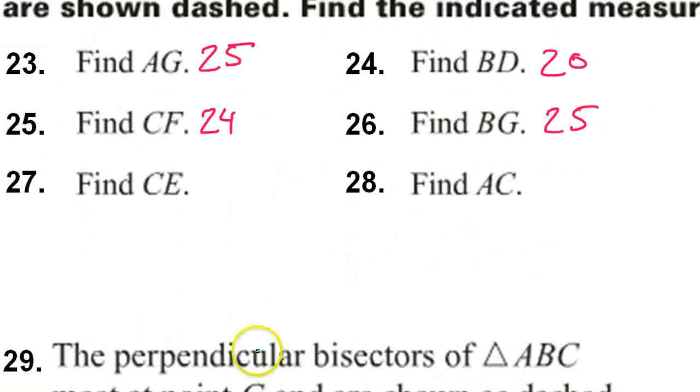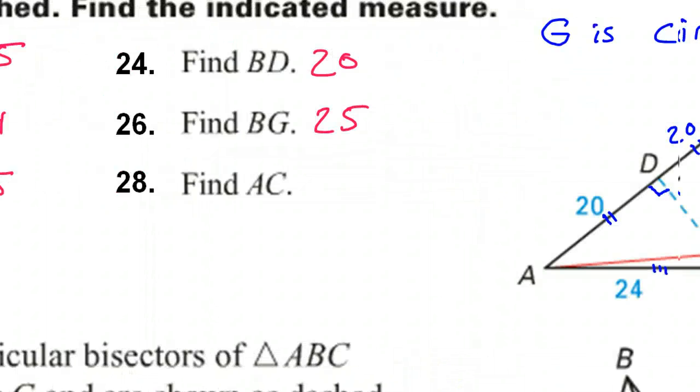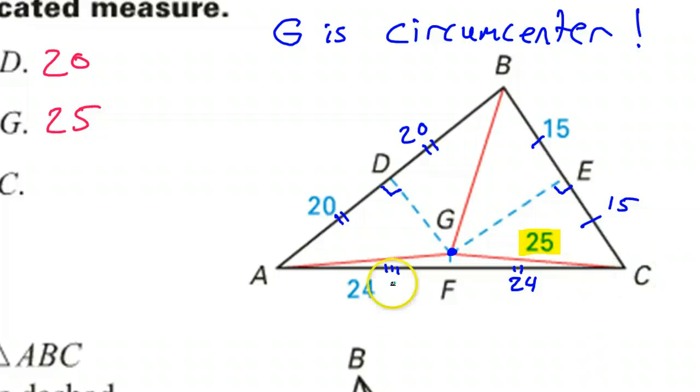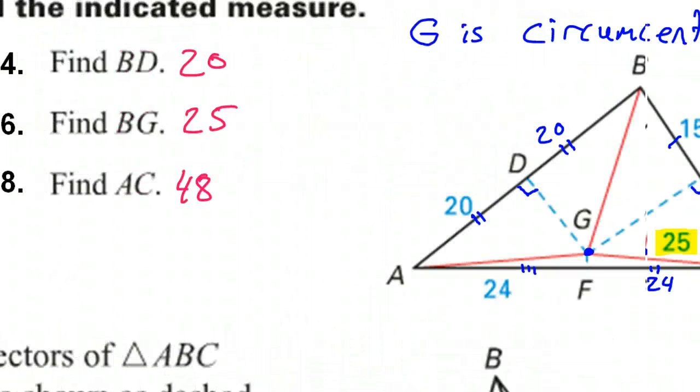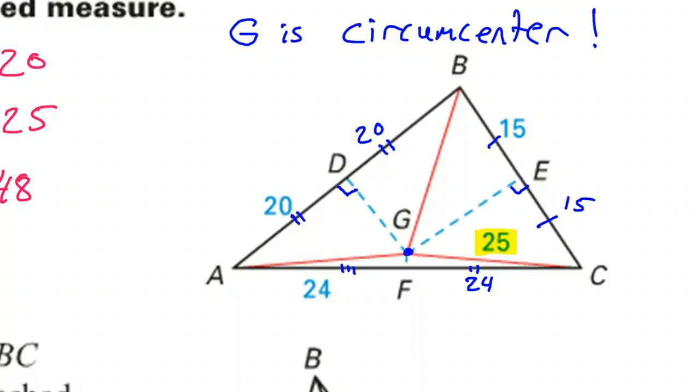So CE is 15. What about AC? AC is 48. AF is 24, that means FC is 24, so the whole thing is 48. So that's it for that picture.